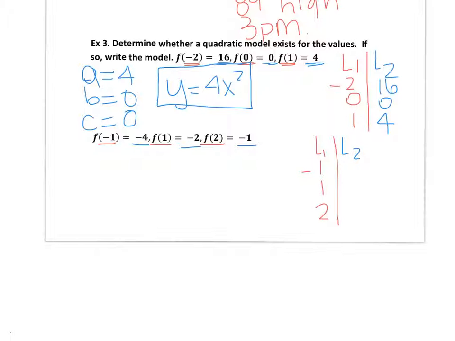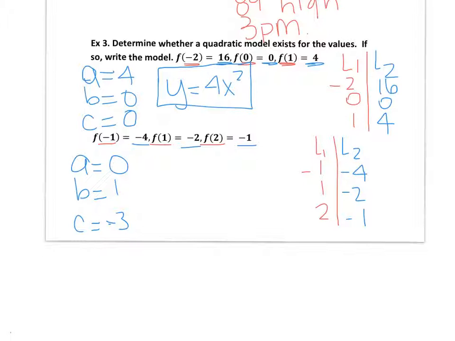And for L2, you're going to write -4, -2, -1. And when you calculate and you get an answer, you get an A value of 0, a B value of 1, and a C value of -3.